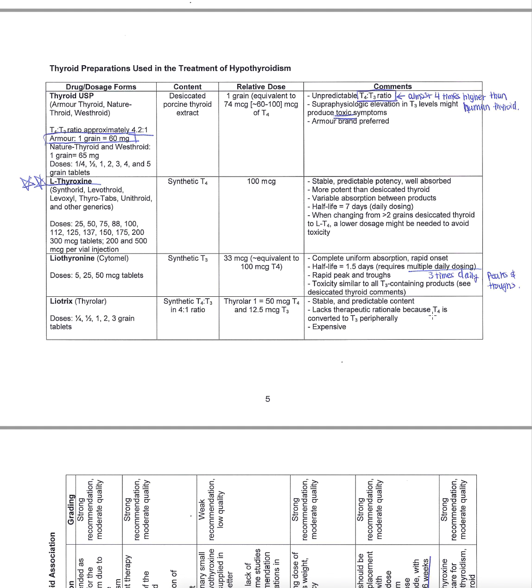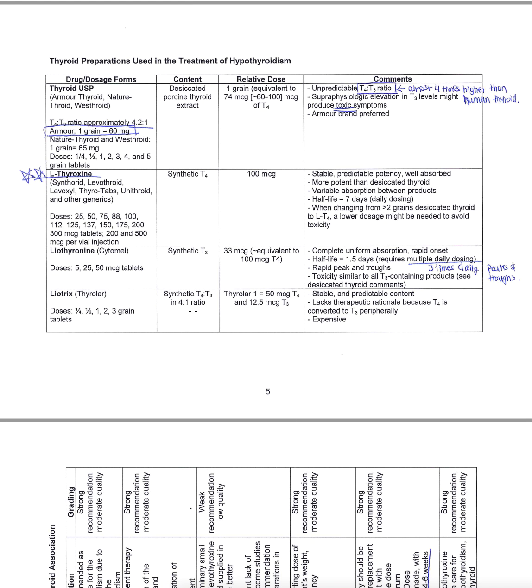So there is really a lack of evidence that we need to give both T4 and T3 for therapy. Also, the ratio is much higher than what we have in our natural human body, which is about a 14:1 ratio of T4 to T3. So a 4:1 ratio will give way too much T3, kind of similar to desiccated thyroid hormones.